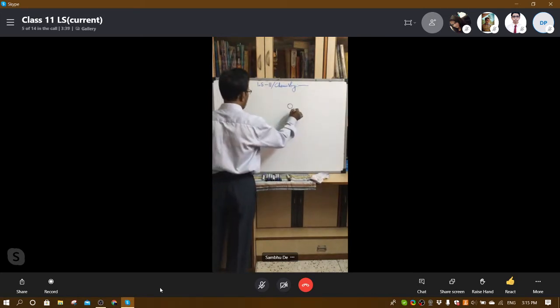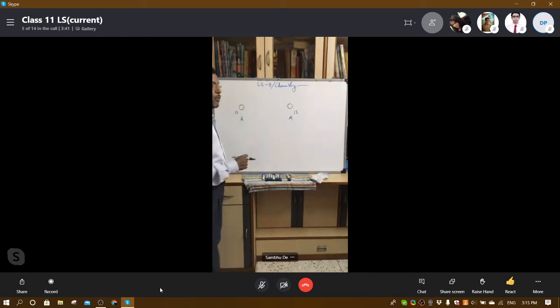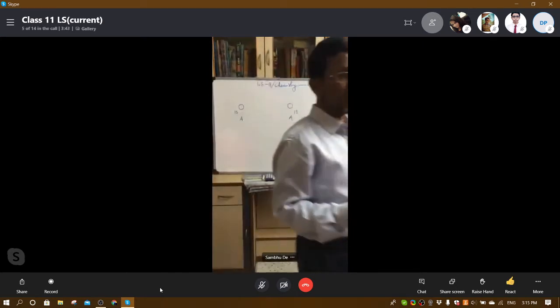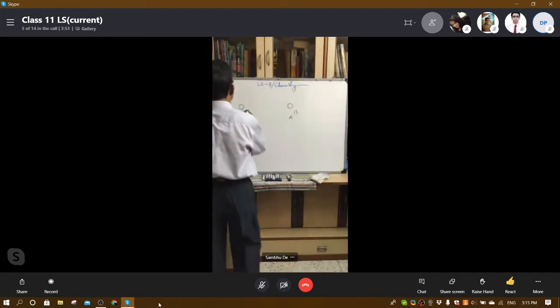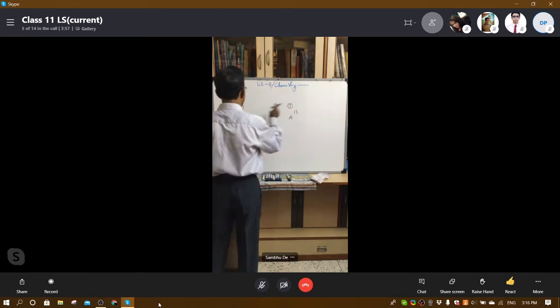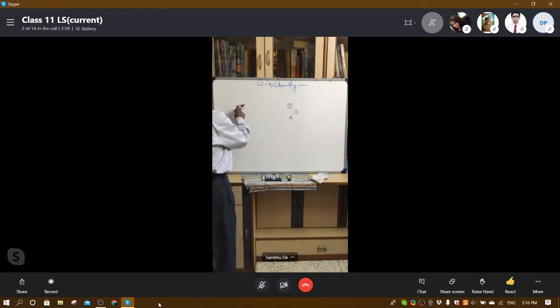Both have the same energy. In the two hydrogen atoms, the two 1s orbital electrons will have the same energy, and each will have one electron. Hydrogen has one electron, we know that. Supposing there is one electron each.